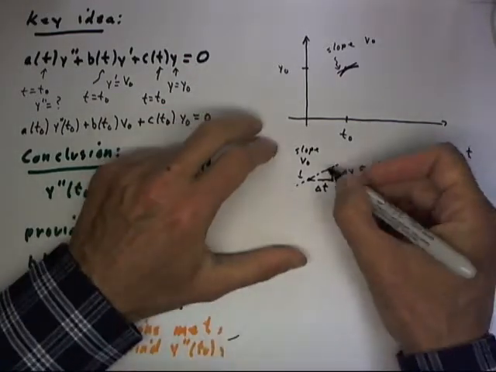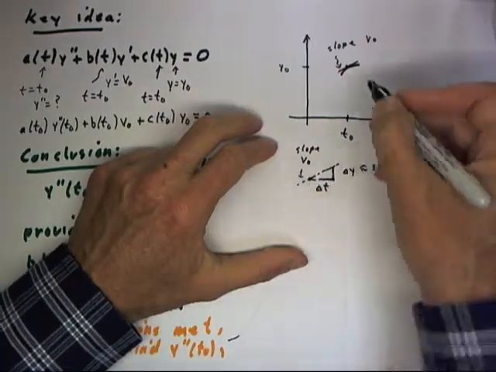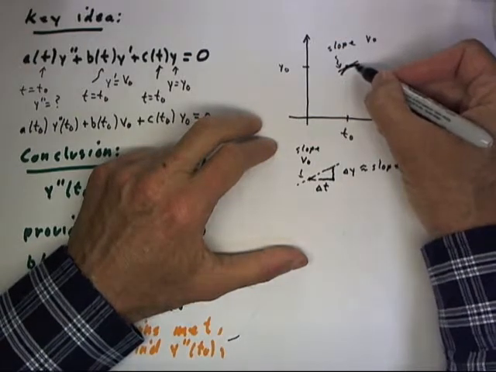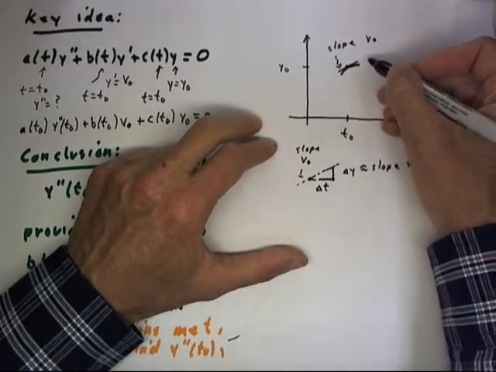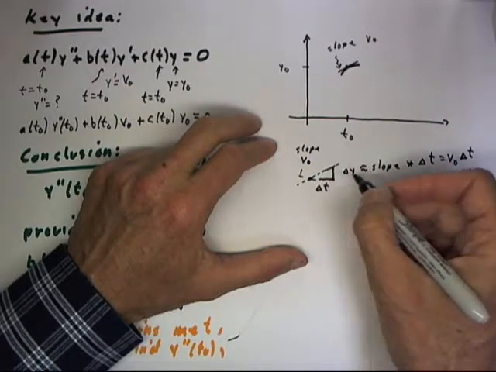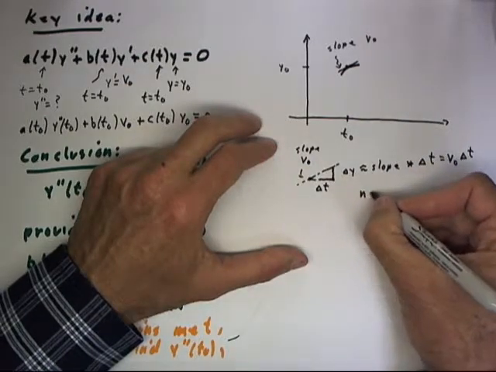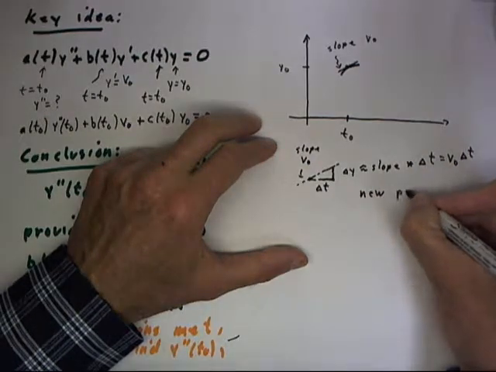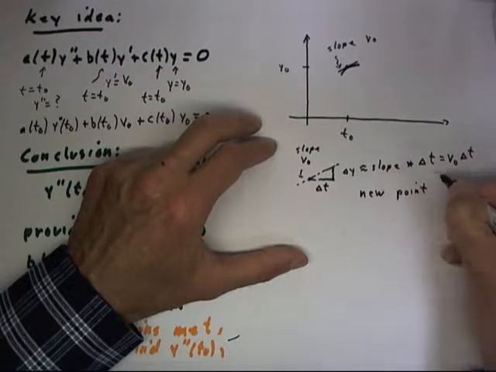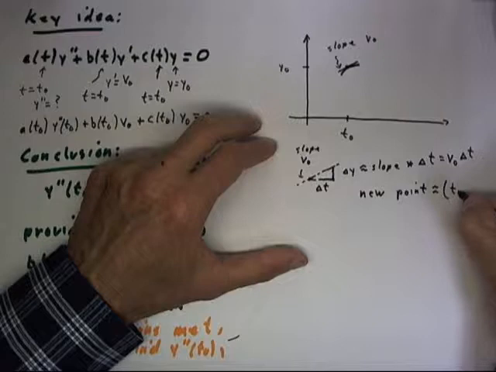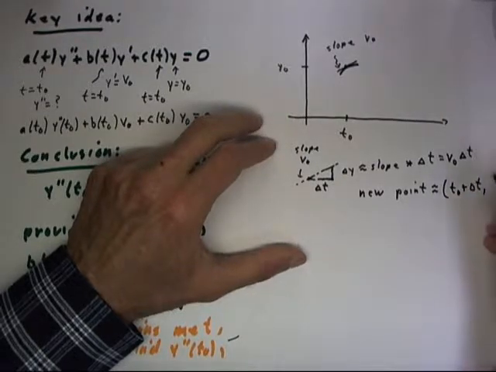So if delta t is small enough, the curvature is not going to have changed the slope very much, and we can say that we have a new point which is approximately t0 plus delta t, y0 plus v0 delta t.